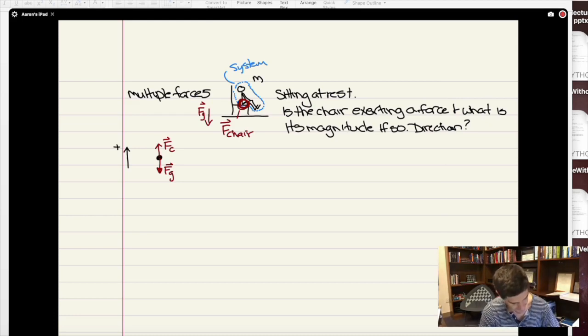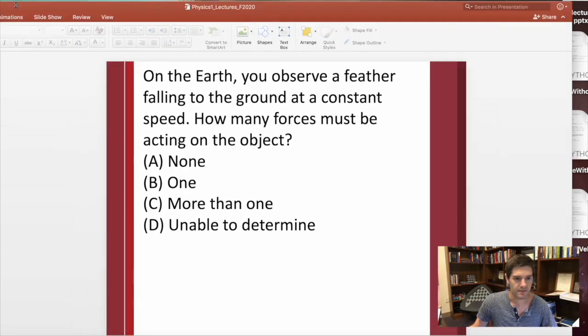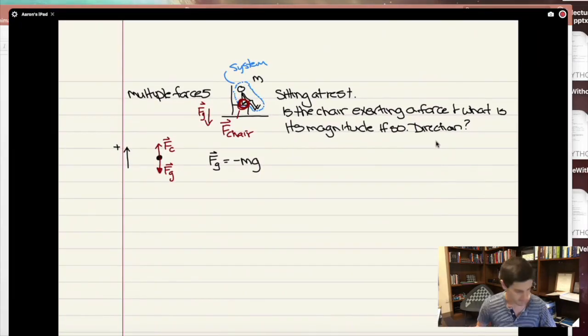All right, next thing I like to do is write down what every vector is and assign it either a plus or a minus sign based on the coordinate system. So the force due to gravity I will write as negative mg. Negative because I'm defining down as negative this time. And then I'm going to define F chair, the vector.